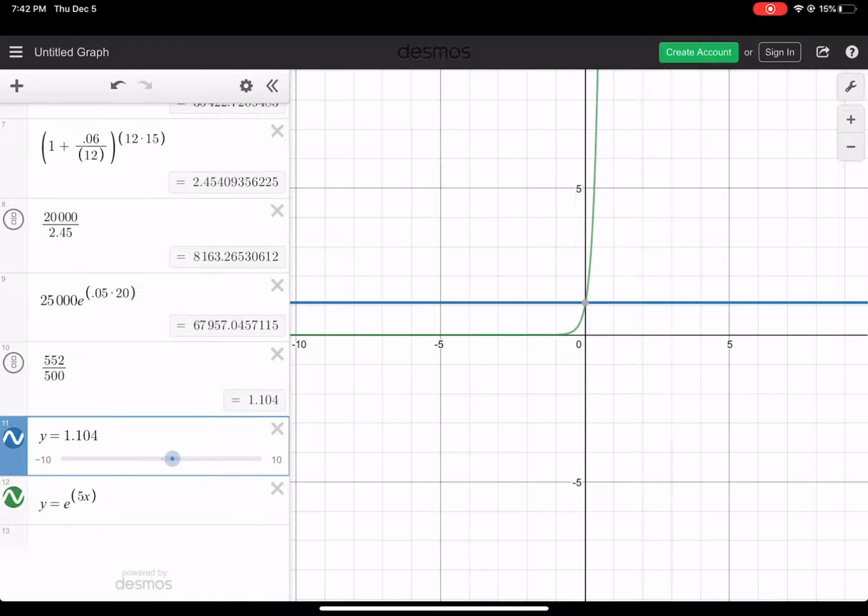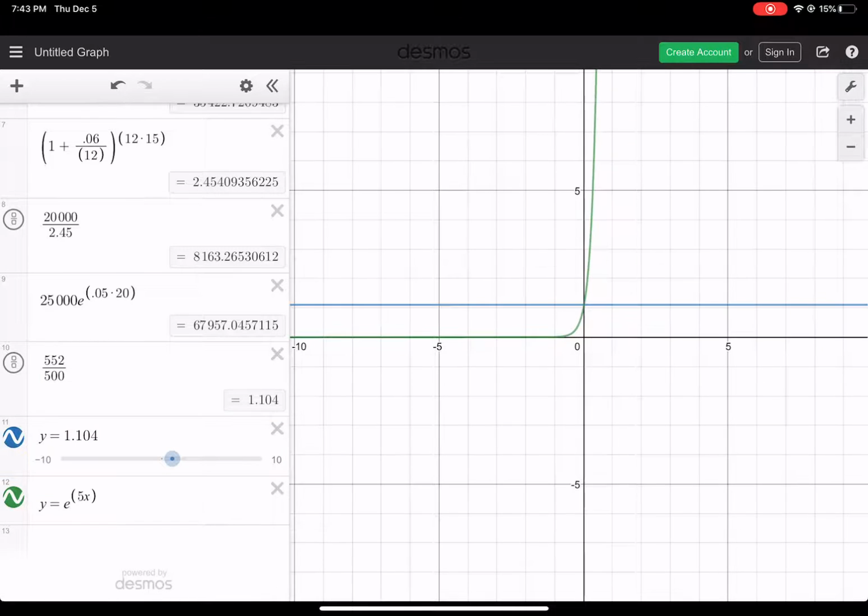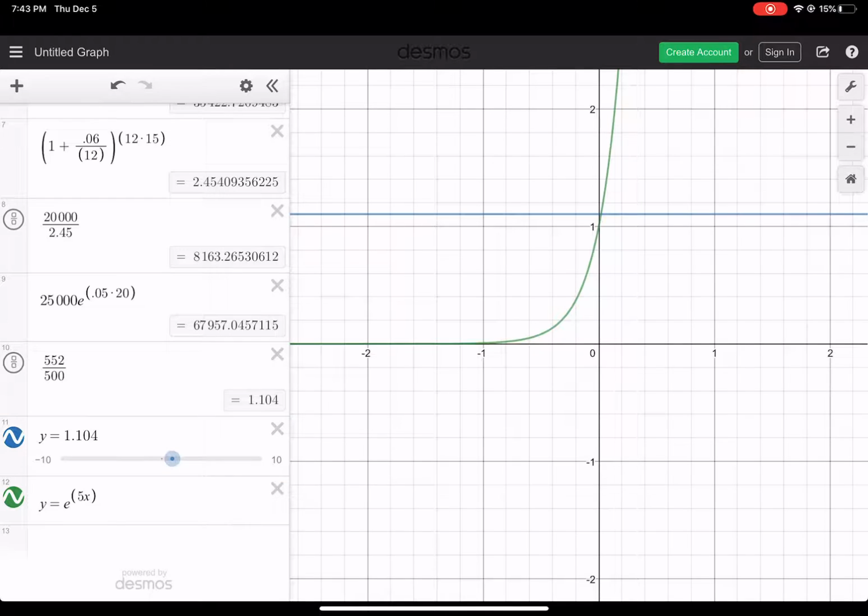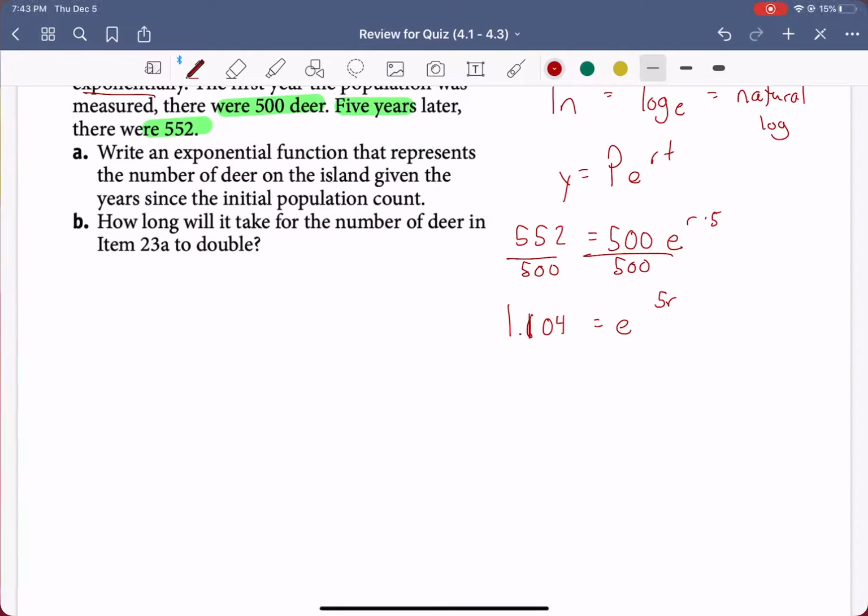So, right, we need to figure out where these cross. This will be very hard to do in your table, but it crosses at 0.02. So that means our r is equal to 0.02, and that we got by graphing.